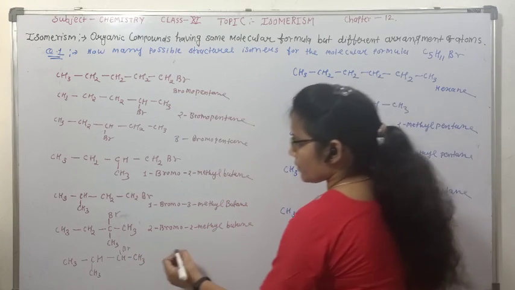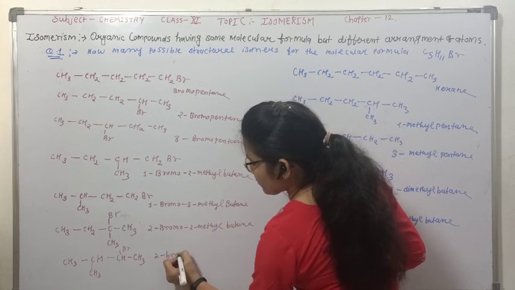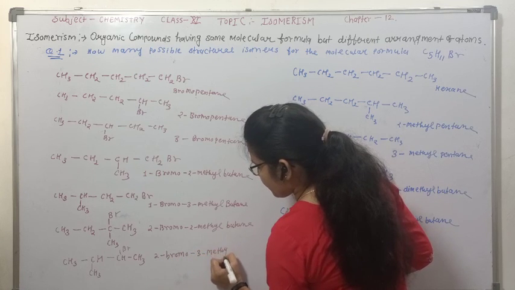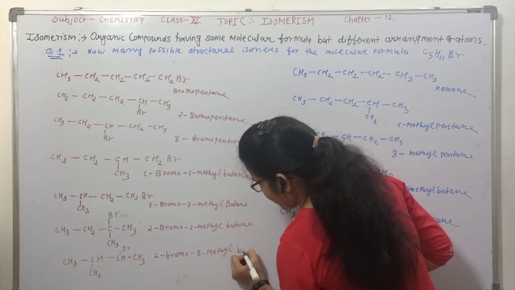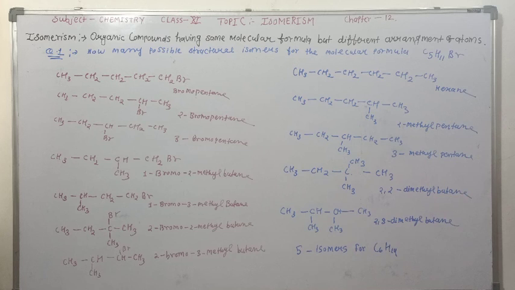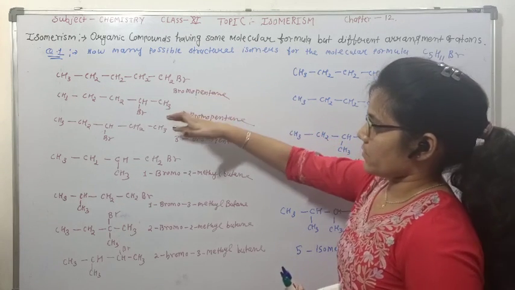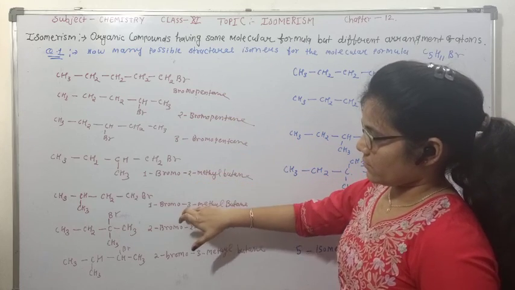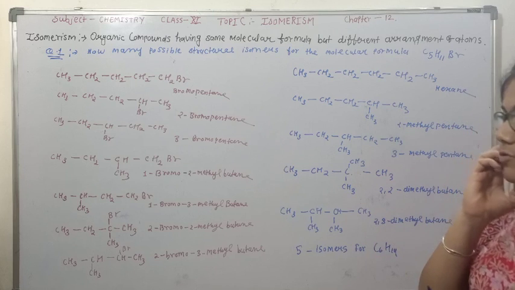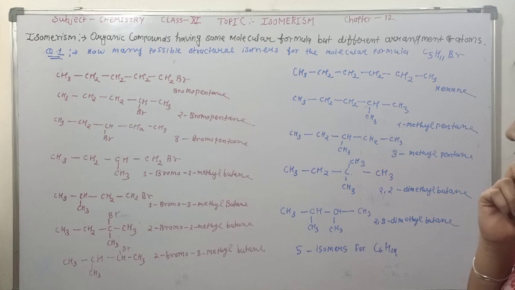This is 2-bromo-3-methyl butane. Okay. So how many structures have we made? 7 structures. 7 structural isomers are possible for this compound. Okay, so this is done.